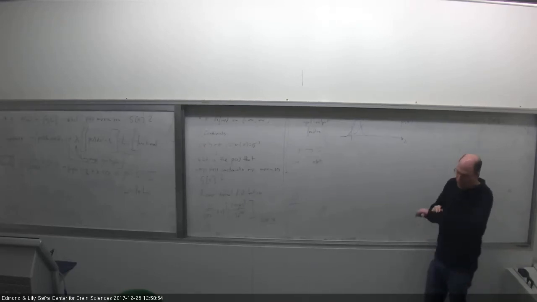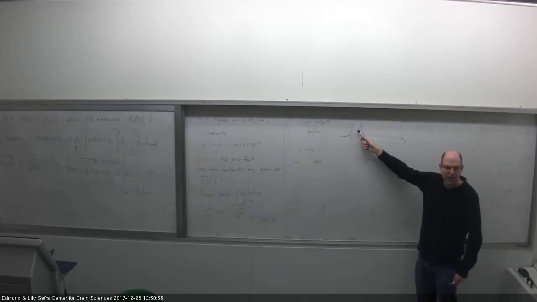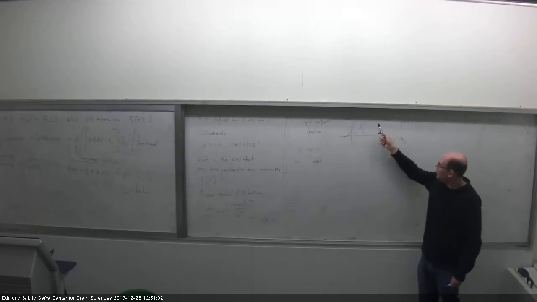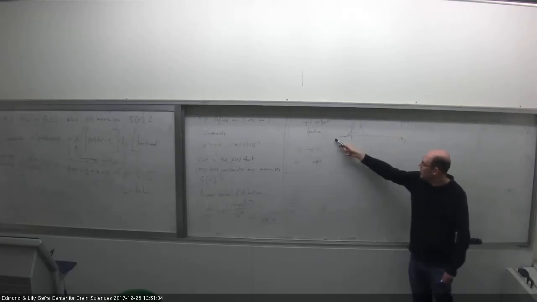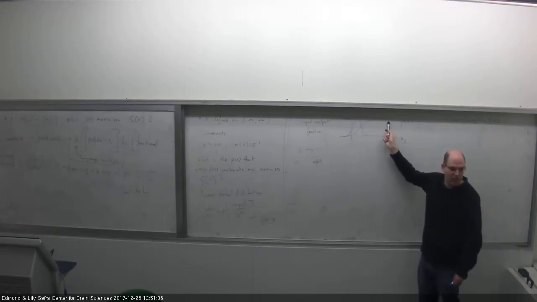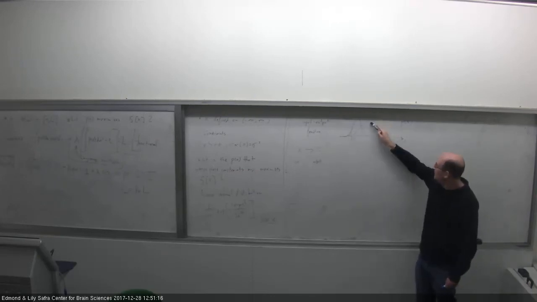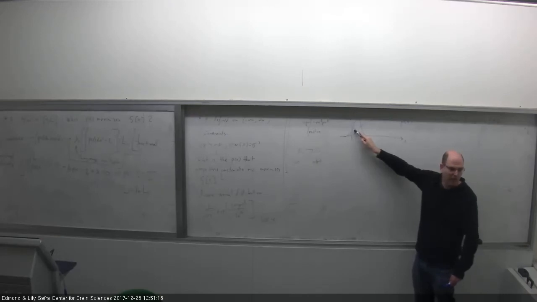We don't have time to do the exercise now, but I want to point out that what I'm drawing here kind of makes sense. If you're here or here, R does not provide much information about X because it saturates. But we don't care because these values of X are very rare. The idea is that you want to be sensitive to X in those ranges where X has a reasonable probability to appear.